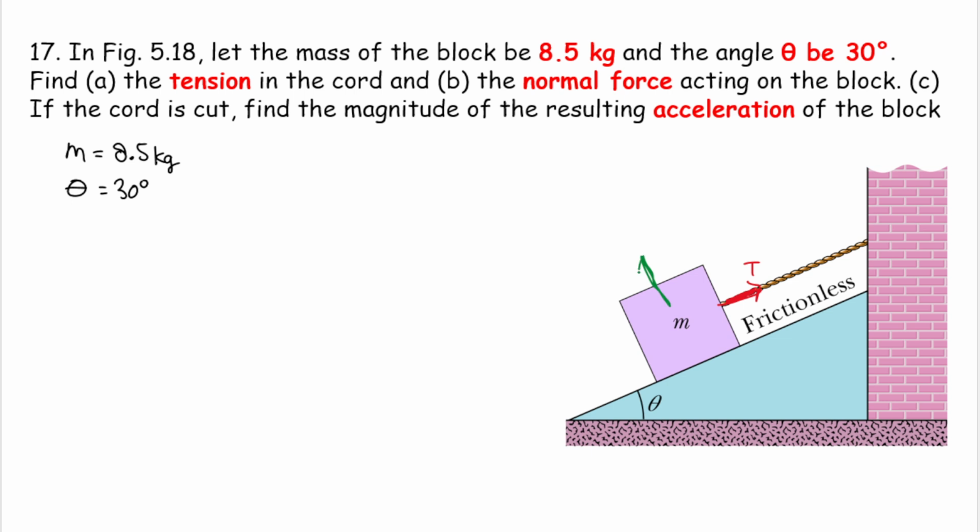This one will be our normal force. Maybe let's denote that as N. Like that. And if the cord is cut, find the magnitude of the resulting acceleration of the block. So what is A if the T is gone, right? And that is question B.